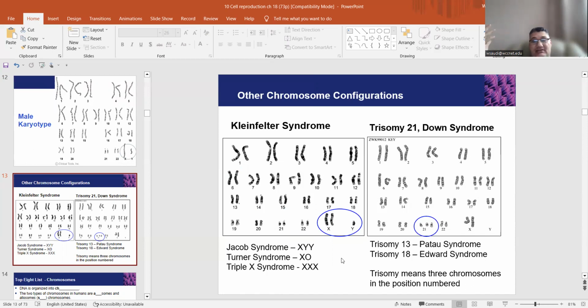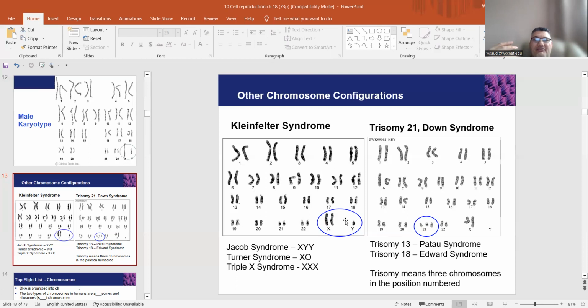You can't say it's female because there is Y. You can't say it's male because there is an extra X. But since you have Y, it's tending more toward male, because females basically do not have Y. If you have Y, it will give this person the characteristics that come with the Y. This is not accurate, I'm just going to give you a description that helps a little bit.